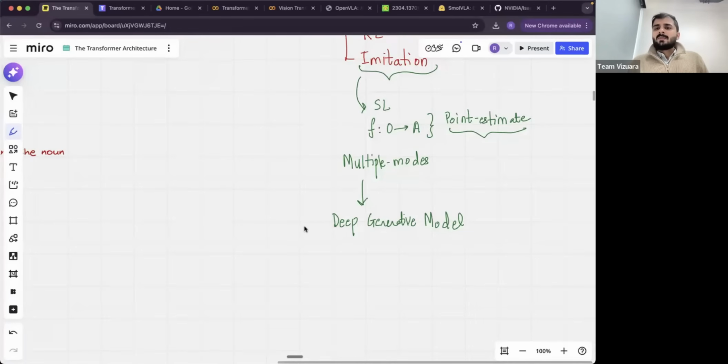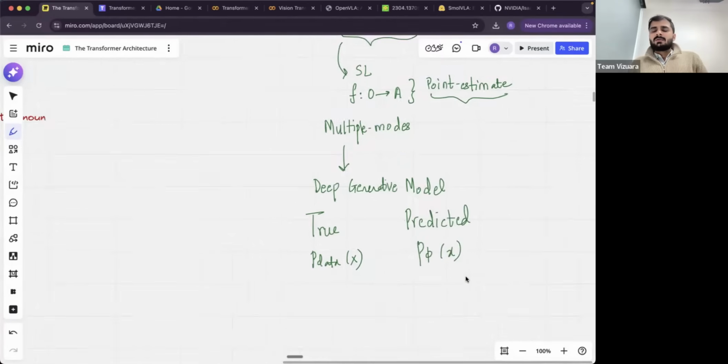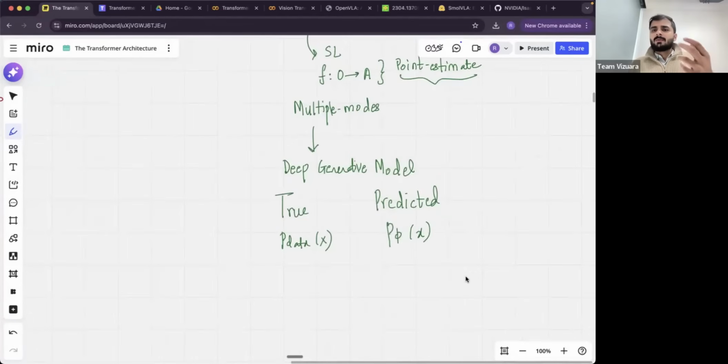There is a true probability distribution which we want to predict, which we call P data of X, and there is a predicted probability distribution which our model is trying to predict, which is called P phi of X. Now, this completely circumvents the problem of point estimate policies because it does take into account multiple modes. So from that point of view, it is very useful.